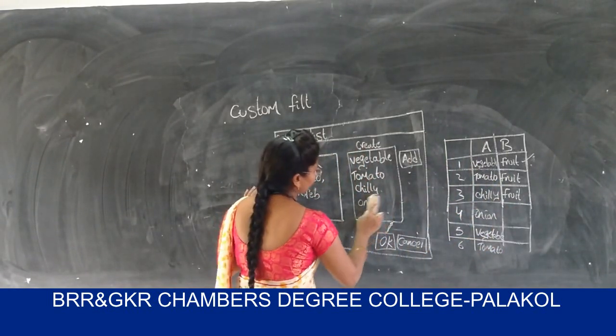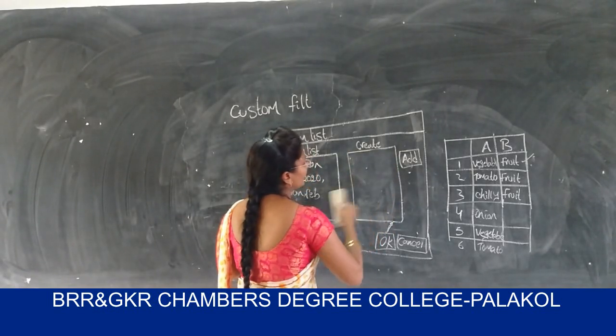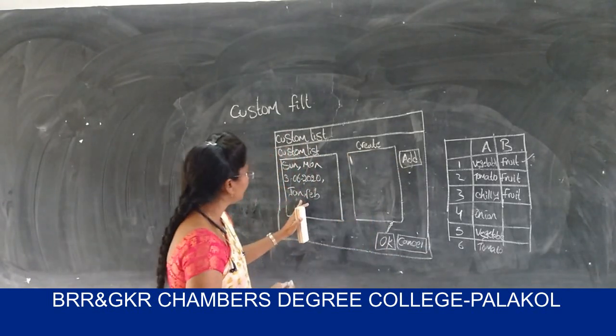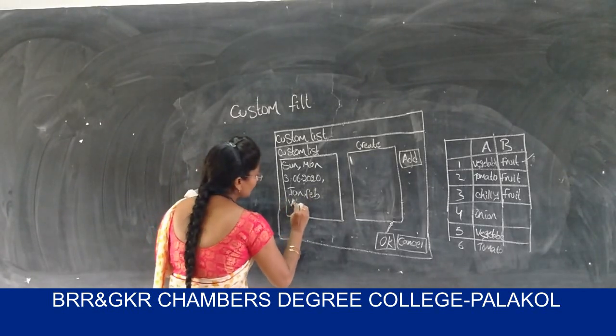Again, I am taking the Add button. I am clicking on the Add button. Again, the cursor is blinking here. You can see on the right hand side, I already created the vegetable. The vegetable is also added in the custom list.